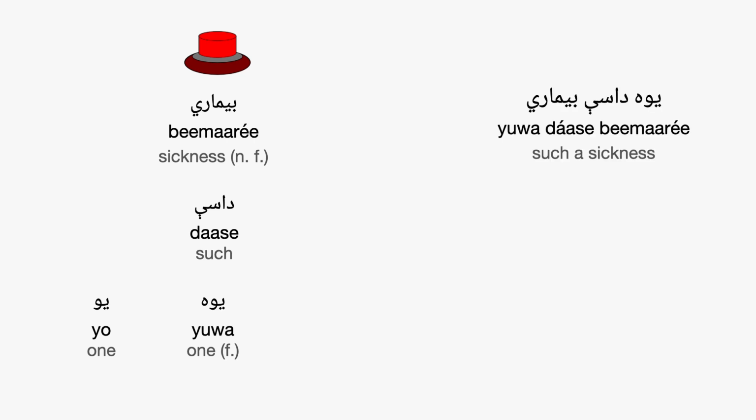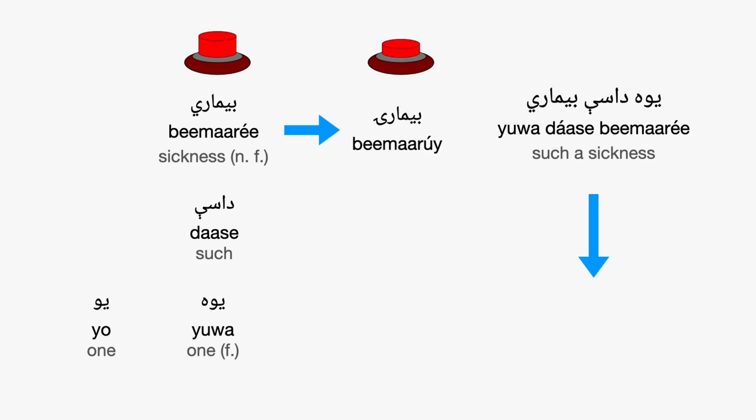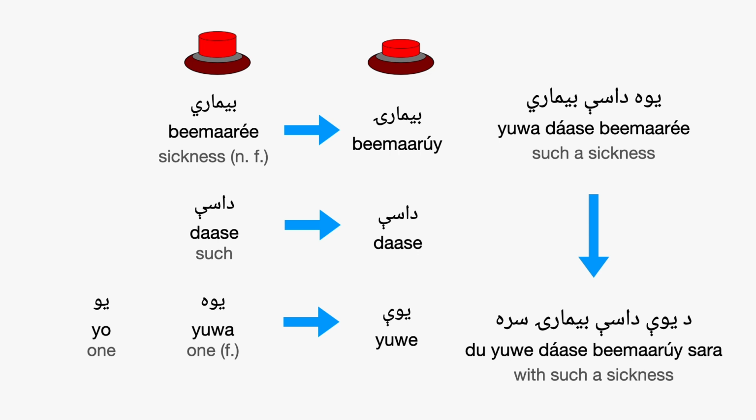And if we want to stick it in the sandwich, we need to inflect it. We say bimari changes to bimarei, and dasi doesn't change, it's just like that. And yoa is going to change into yoi. So the yoi dasi bimarei sara. Now, he doesn't inflect the word yo there, he just uses it. This is something often people will drop some of the inflections for words like yo.